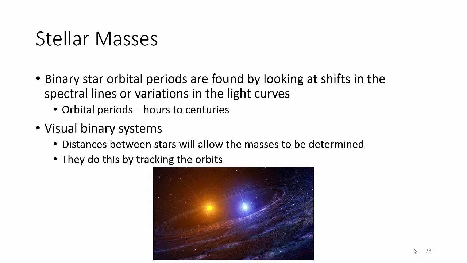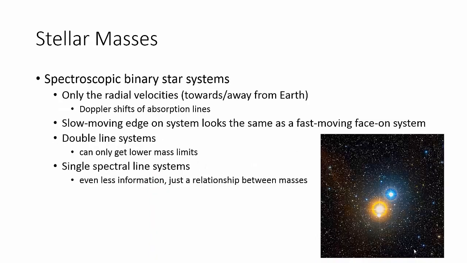All right, so if we want to get information from a spectroscopic binary star system, we're going to be really limited. We can get velocities, but only the radial, right? So if we're trying to do the whole Pythagorean theorem thing, right, we can only get one leg. Well, that's not really that useful. All right.